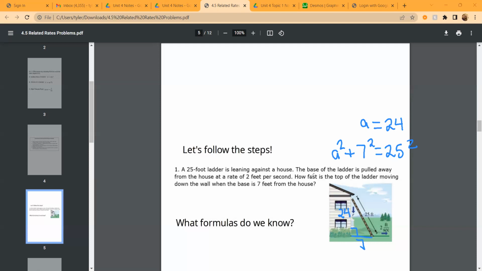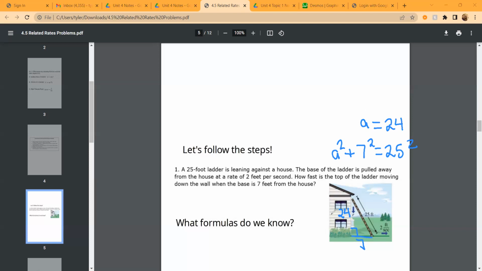Then we're not talking anywhere in here about area of a triangle. We're just dealing with rates. And another piece that we're not explicitly told, but it's saying that the ladder is 25 feet. And if we pull the ladder away from the house, our ladder isn't going to change.